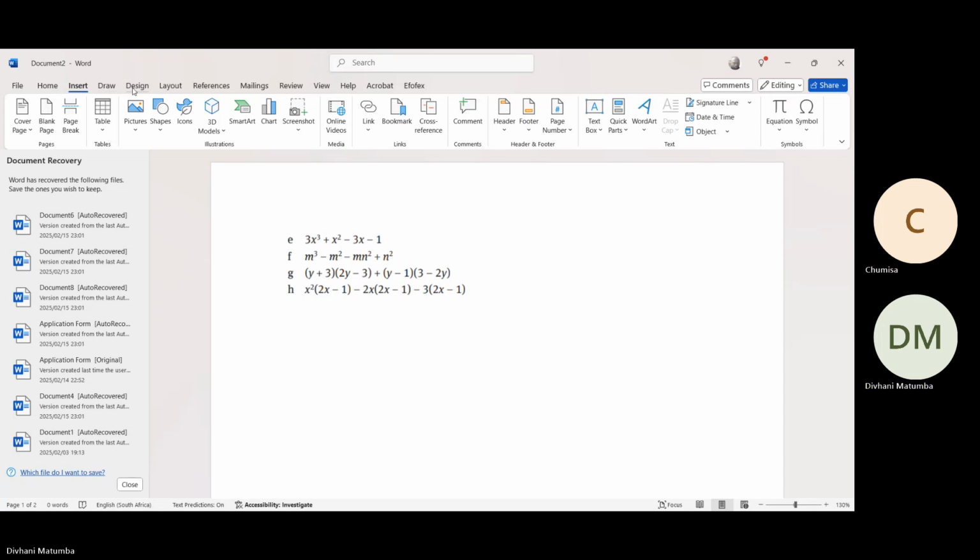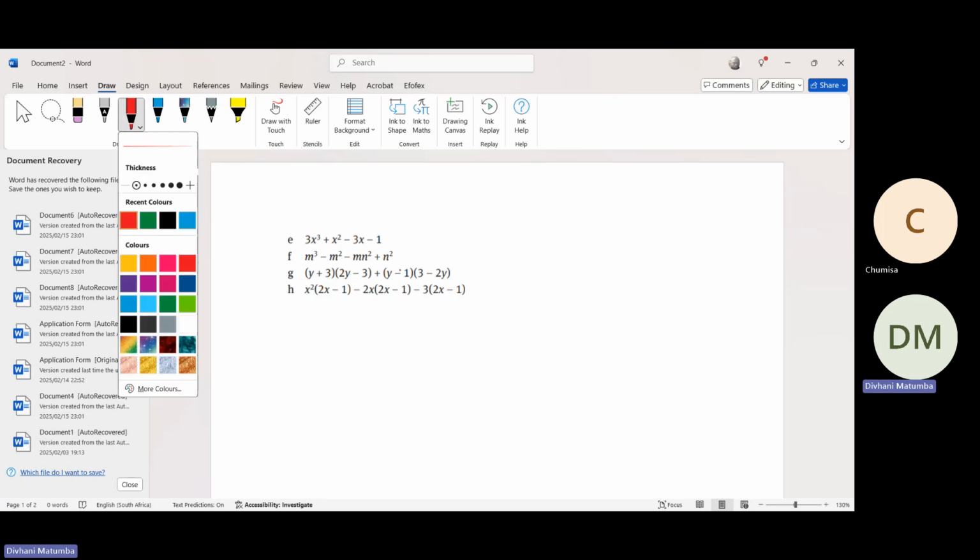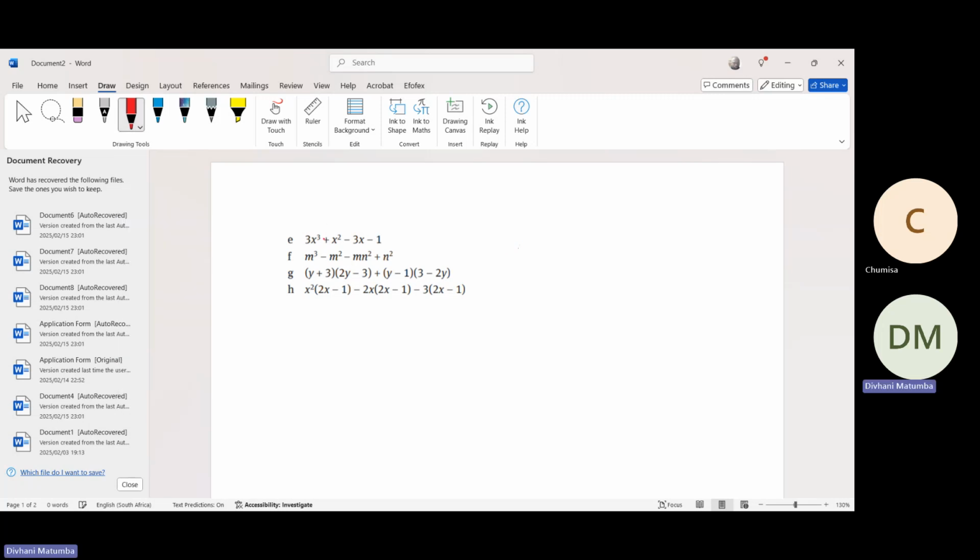Yes, sir. So if you see these type of problems, these are the problems that involve factorization by grouping. How do you pick up that these types are factorization by grouping? You check the structure.